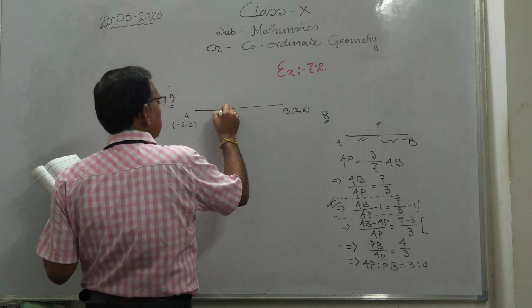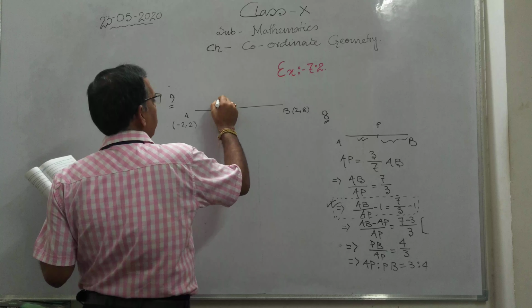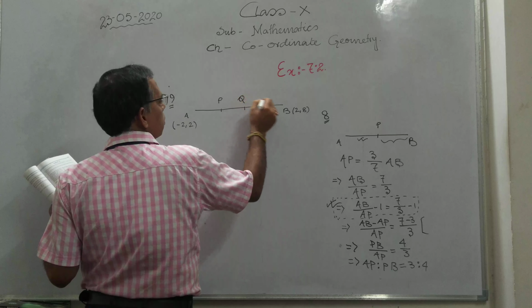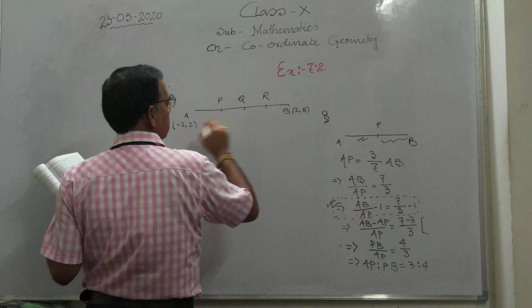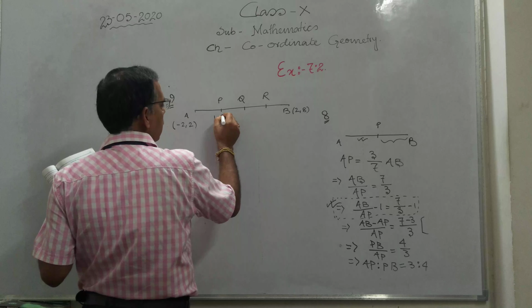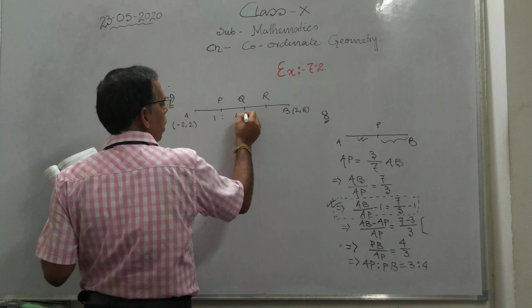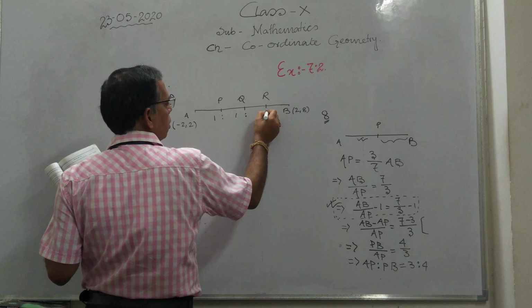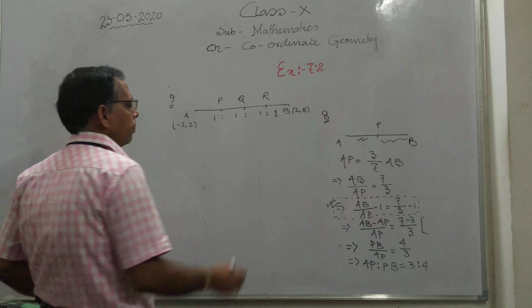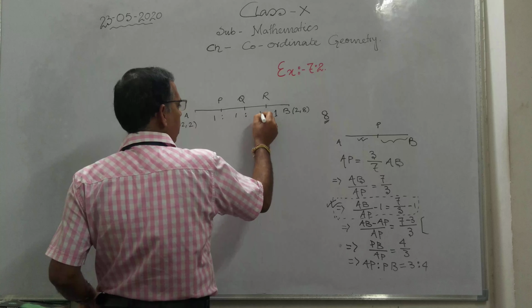Then suppose this is P, this is Q, and suppose this is R. Okay, this is B, this is A. Then what is the condition? Condition is that 1 is to 1 is to 1. Okay, 4 equal parts.